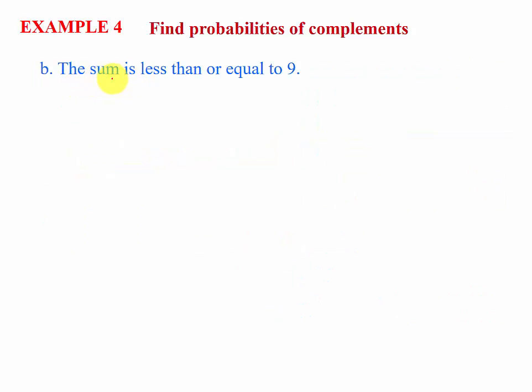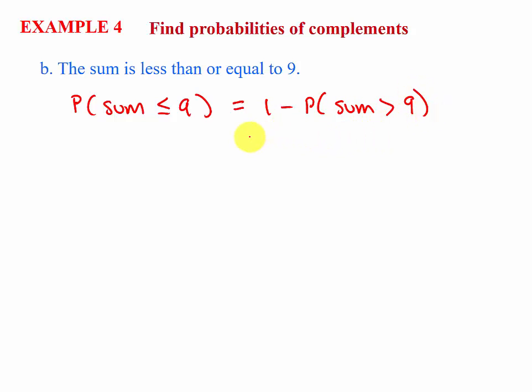Now let's see if the sum is less than or equal to 9. So we're saying find the probability that the sum is less than or equal to 9. We can either count up all of the sums that are 9 or less, or we can say that it's 1 minus the probability that the sum is greater than 9, which is a smaller number.